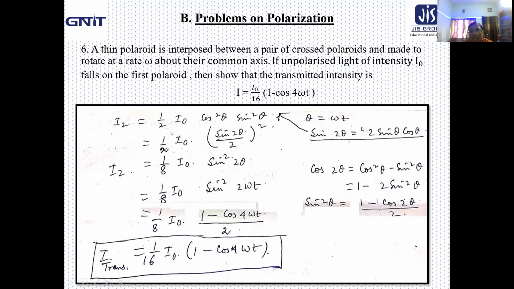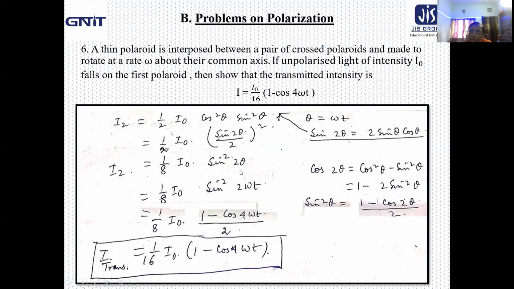Simple trigonometry we have to use. Sine 2 theta means 2 sine theta cos theta. Here cos square theta and sine square theta is given, so we will get sine 2 theta by 2 whole square because square is given. 2 whole square means 1/4. So 1 by 8 I0 sine square 2 theta.